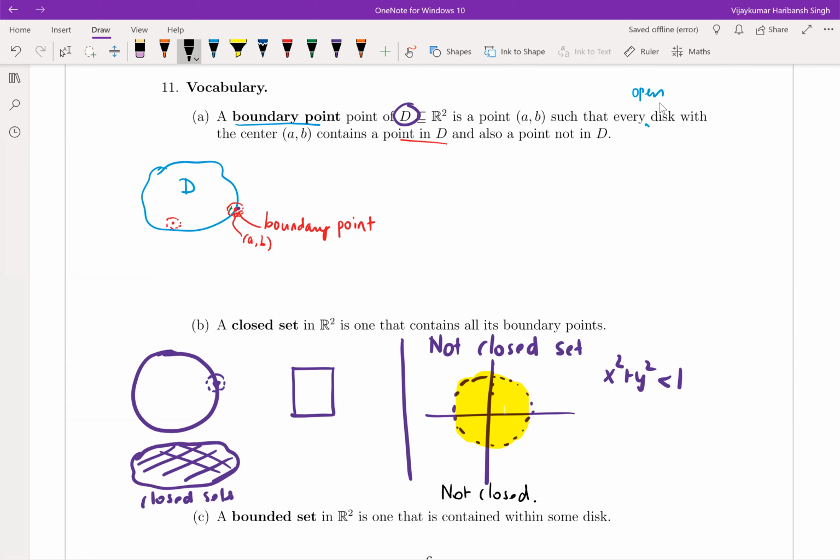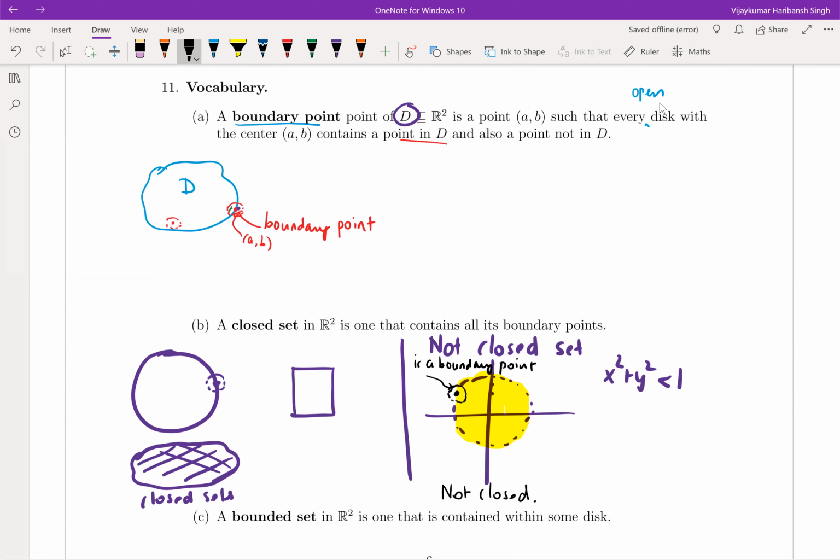Why is it not closed? Because if you take a point on the edge, that point is a boundary point, right? Because if we draw any disk around it, it will intersect outside the set and inside the set.